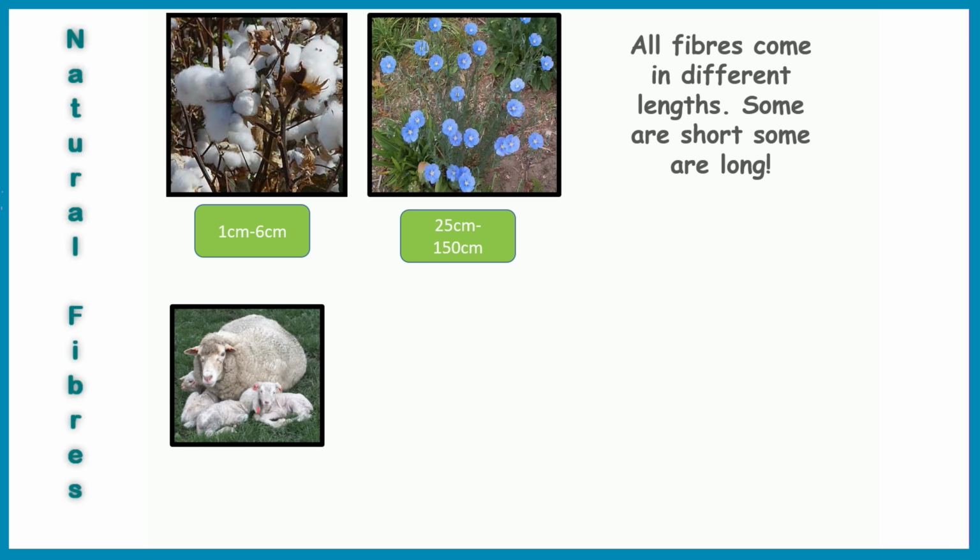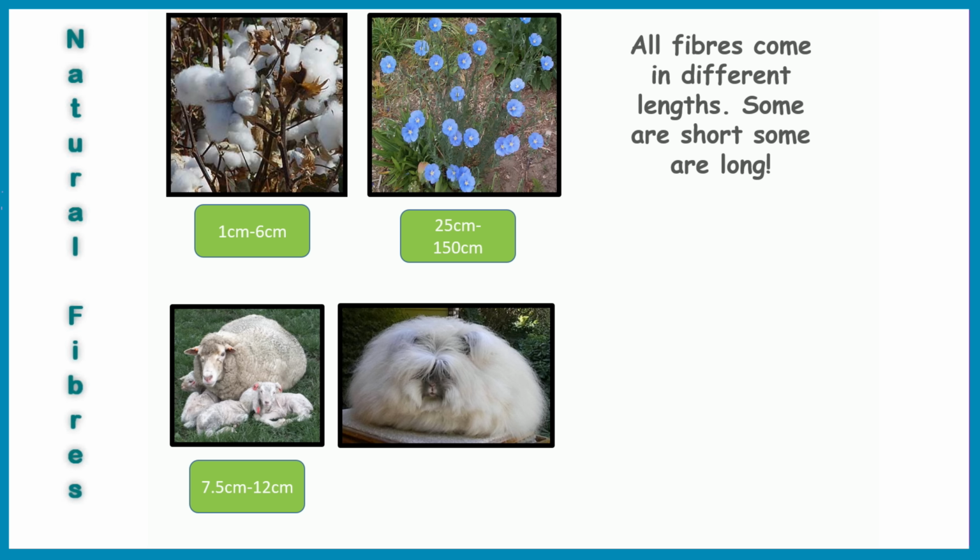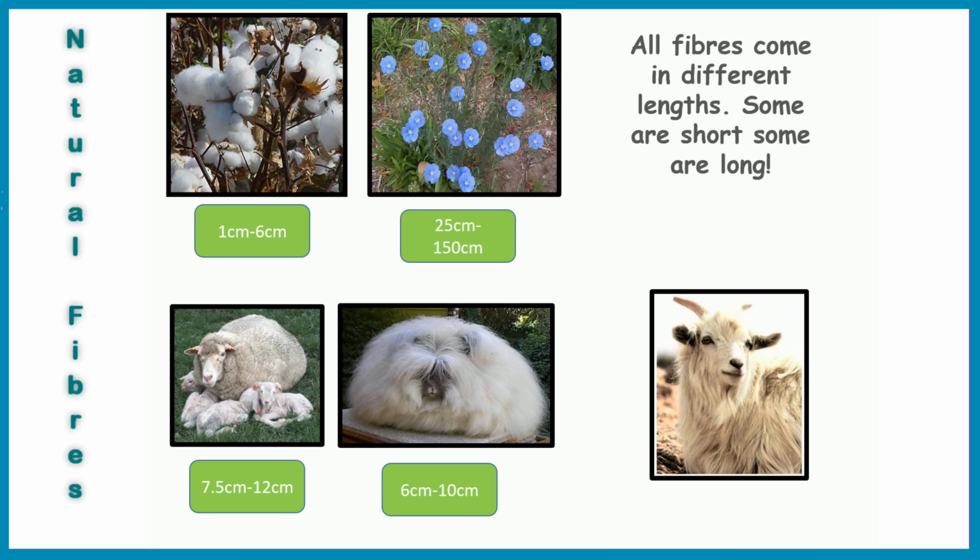That's why it's so ideal for bedding. And then we've got the wool fibers between 7 and 12 centimeters in length. So that's pretty long, and it's actually really, really good. The Angora rabbit has got 6 to 10 centimeters, again, a very good fiber. We know long is important, especially when you make knitting yarns.